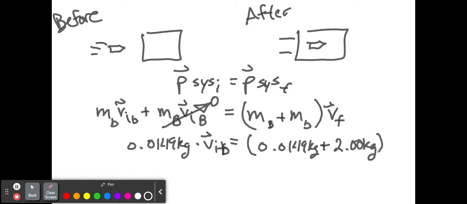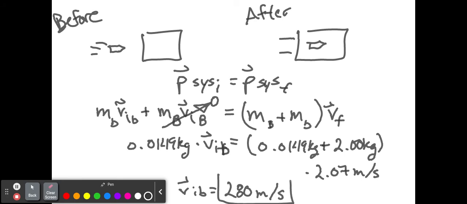And we found the velocity a second ago, so times all that by 2.07 meters per second. Once we manipulate this, we can find that the initial velocity of the bullet is equal to 280 meters per second.